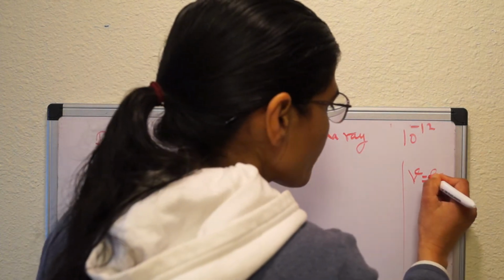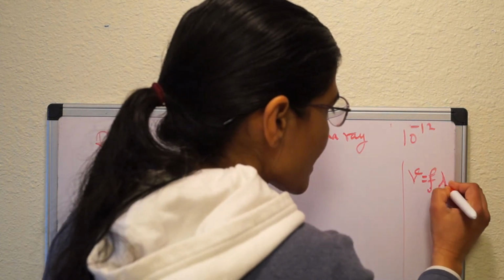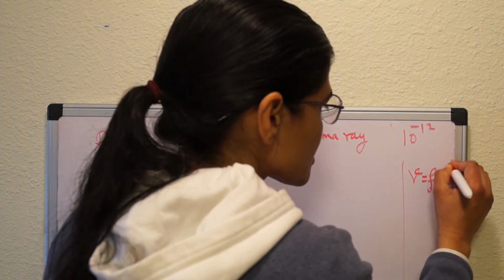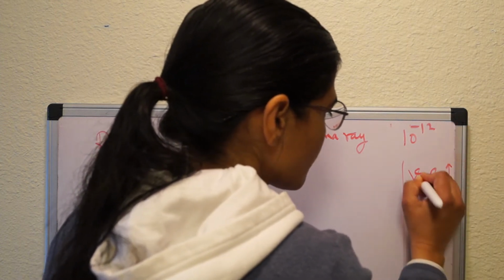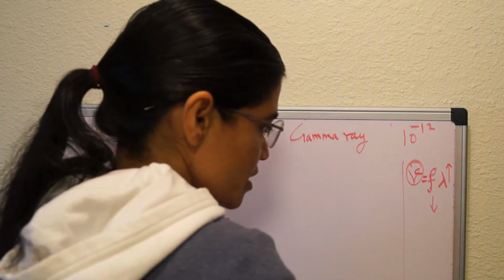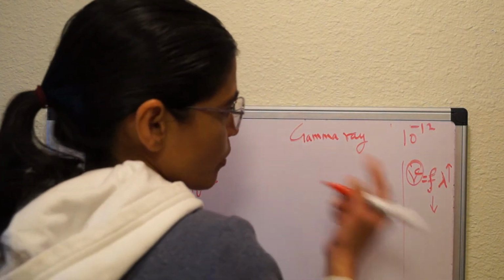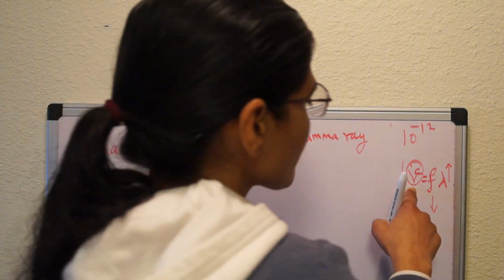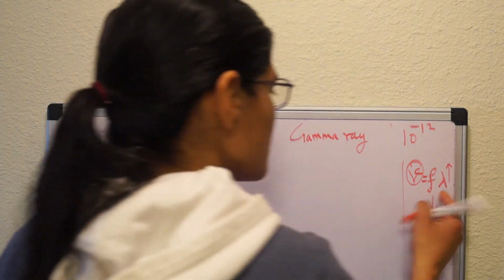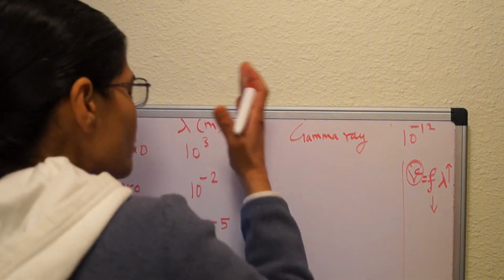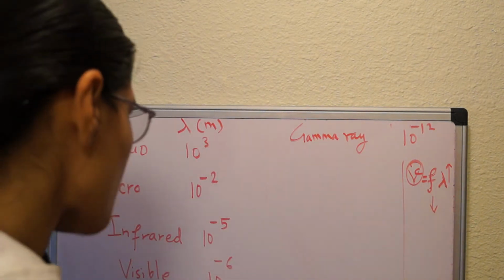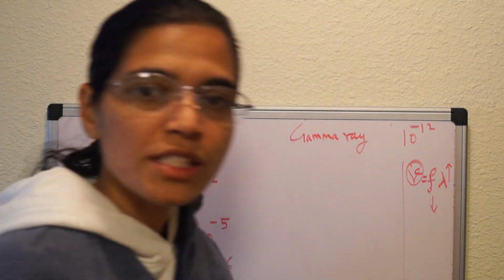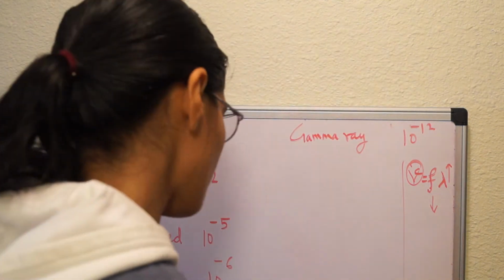If lambda increases, what happens? This guy increases, so this guy has to go down if v is constant. For the electromagnetic wave, v is just the speed of light c. So if the wavelength increases, the frequency has to decrease. Radio wave has the longest wavelength, which means it has the lowest frequency. That's another way to look at it.